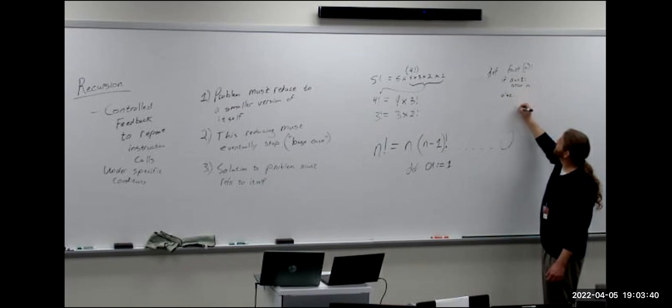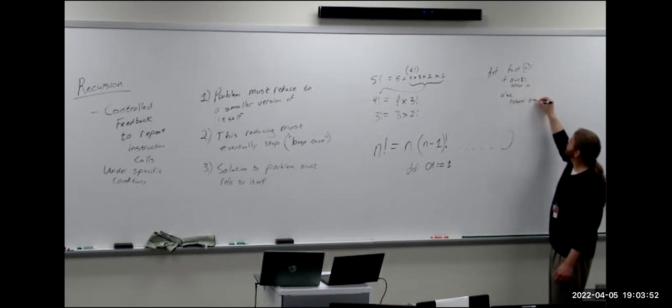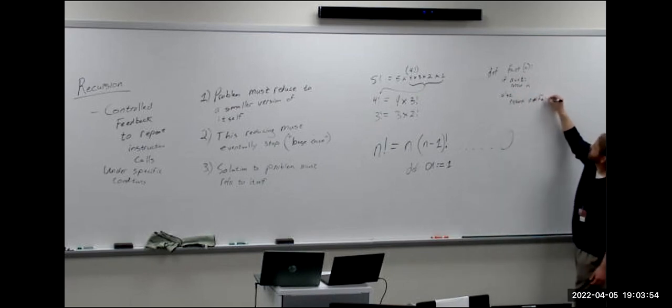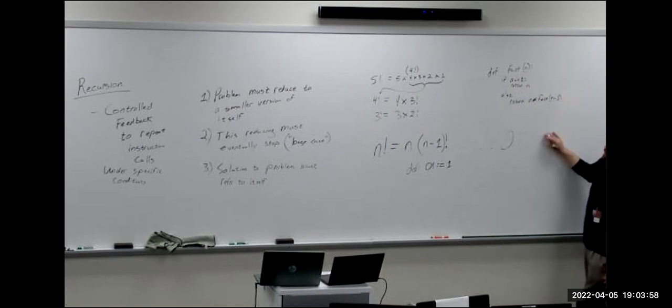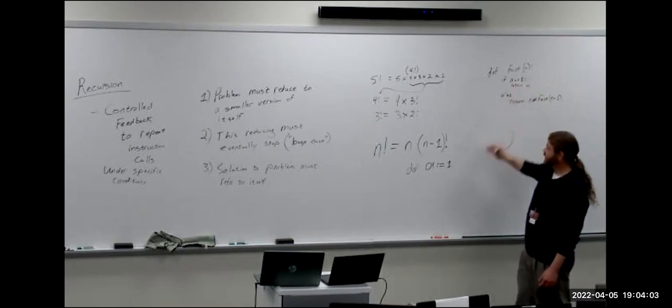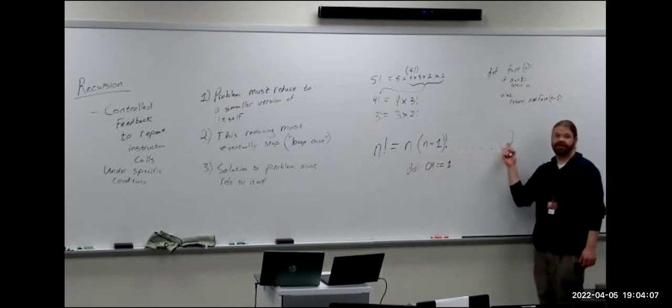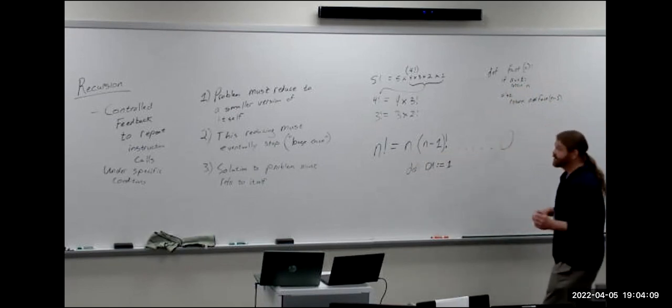If it's not, we'll ask for another factorial. We return n times the factorial of n minus 1. So if we're at our base case, just return that number. If we're not at our base case, do this over and over again until we get down to that base case. A straightforward one.